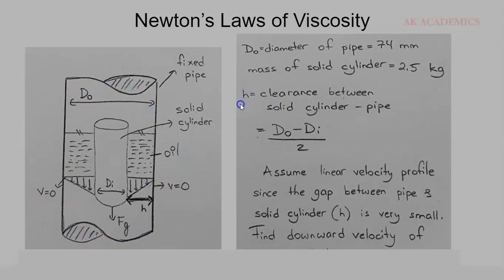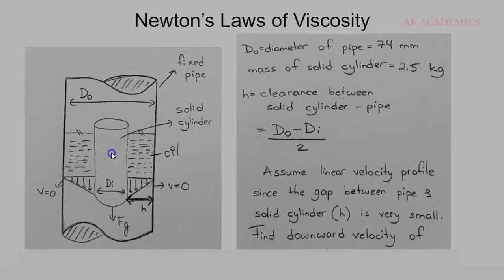Again, let me tell you how we obtain this H. The cylinder is concentric with the pipe, which simply means that they have the same center. If d naught is the diameter of the pipe, which is the bigger surface, the center can be somewhere in the middle here.